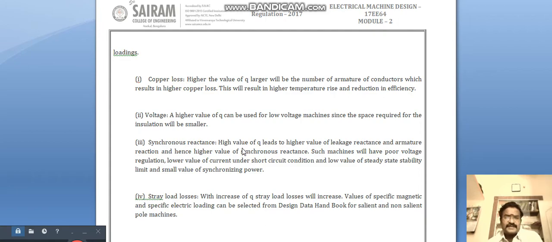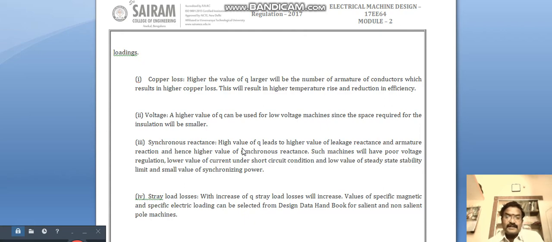This is one of the drawbacks of a higher value of Q. Copper loss also will increase. Stray load losses: with an increase of Q, stray load losses will increase.